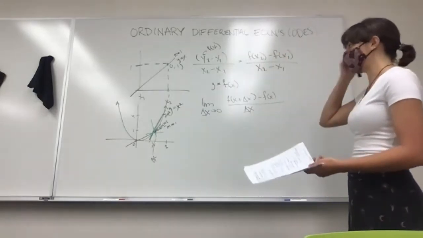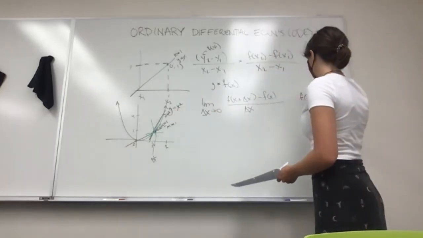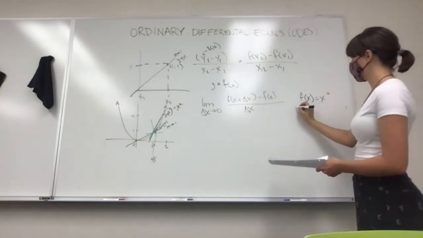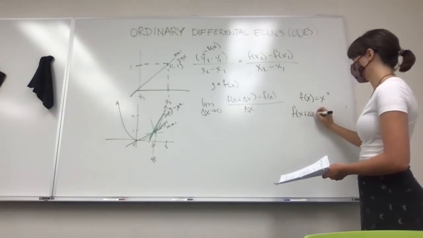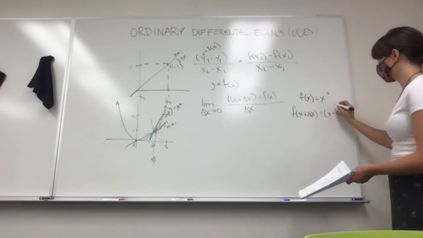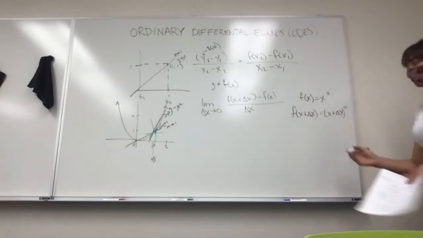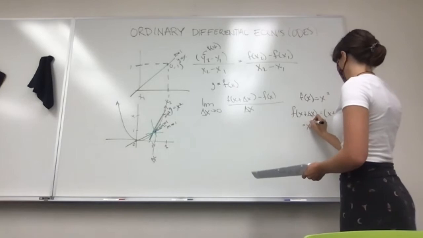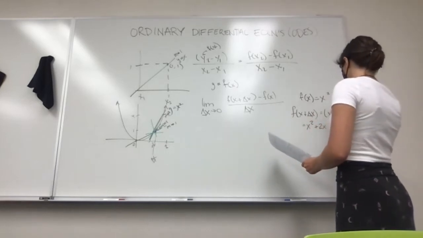So we'll plug it in. y equals f of x, y equals x squared, so f of x is equal to x squared. So that one will calculate f of x plus delta x. And all we have to do is plug in x plus delta x for x. I'm not going to work out the algebra unless you really want me to, but it works out to x squared plus 2x plus delta x squared.